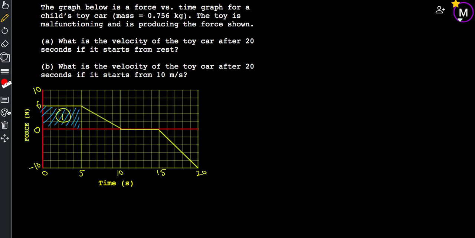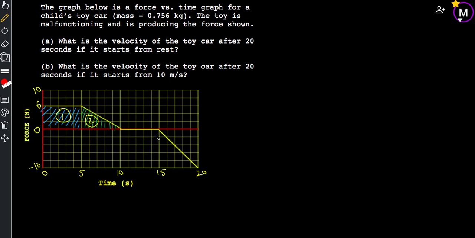Now from 5 to 10 seconds, the area covered under the graph is a triangle. Let us say it is 2. And from 10 to 15 seconds, the force is 0, so the change in momentum is also 0.